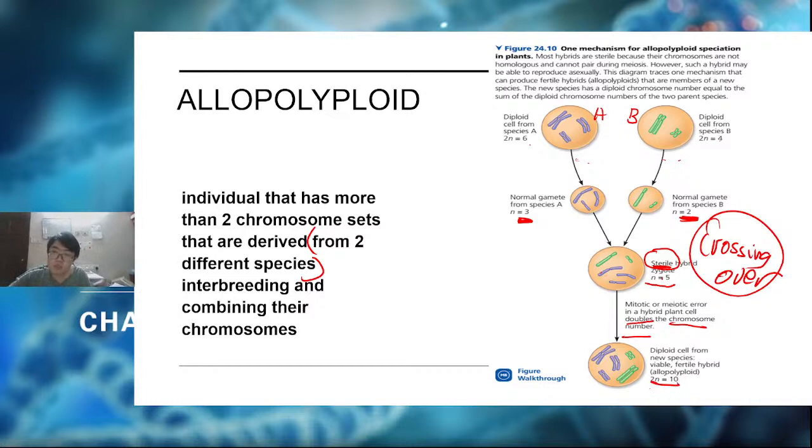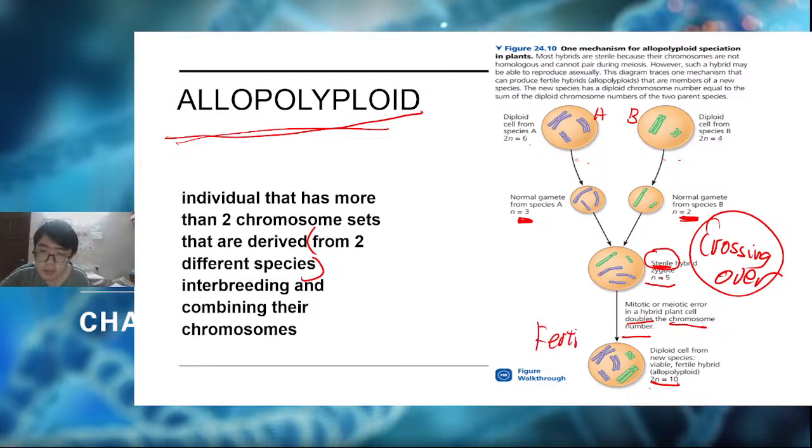2n. This is what we call allopolyploid. Allopolyploid means that it will become fertile.